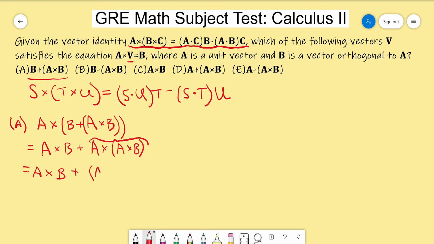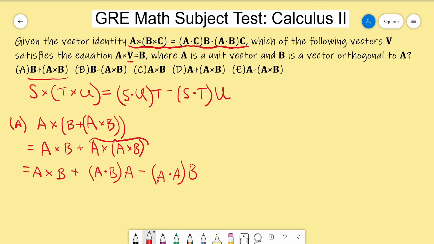So that's going to be A dot B, and multiply it by the second vector, T, so that's A in our case, minus S dot T, so S is the first vector, that's going to be A dot T, which is the second vector, which is also A, times U, which is the third vector, so that's going to be B.